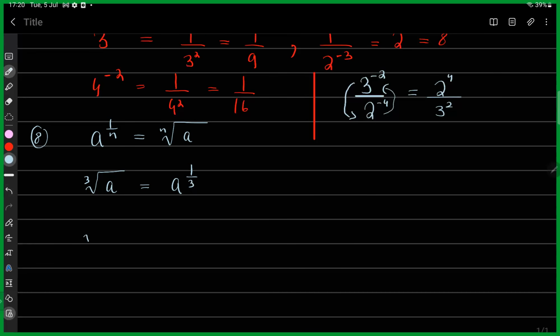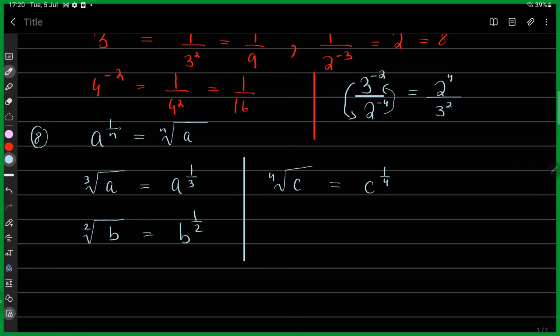If I talk about the square root of another number, I can write it as b power 1 by 2. If I talk about the fourth root, now we have not discussed fourth roots, and the examiner would not ask you for the fourth root, but just for the understanding, the fourth root of a number, let's say c, can be written as c power 1 by 4.